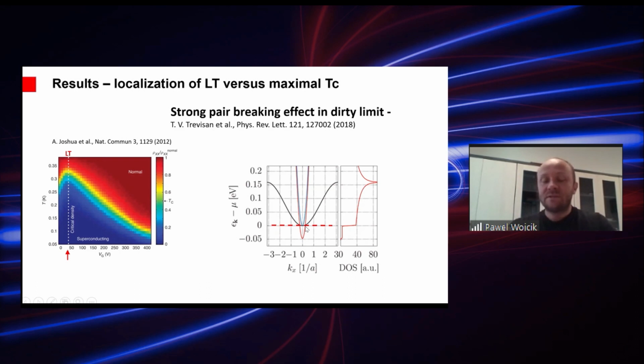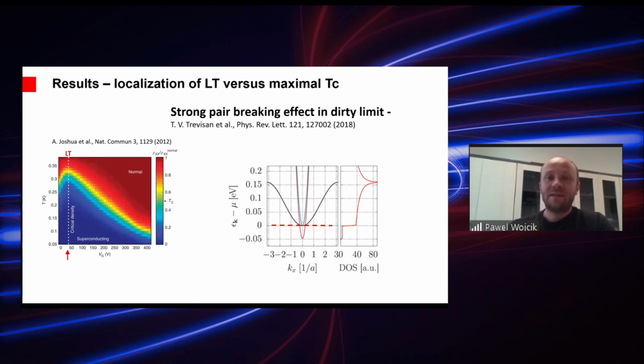And if we assume that in our model there is a repulsive interband interaction, it could happen that this repulsive interband interaction will be dominant. So it means that after the Lifshitz transition, in some cases we can observe a decrease of the critical temperature as a function of gate voltage.